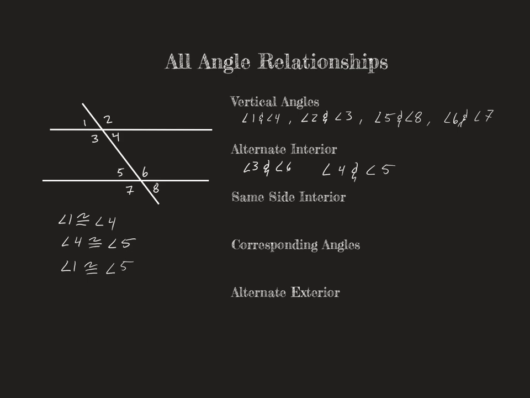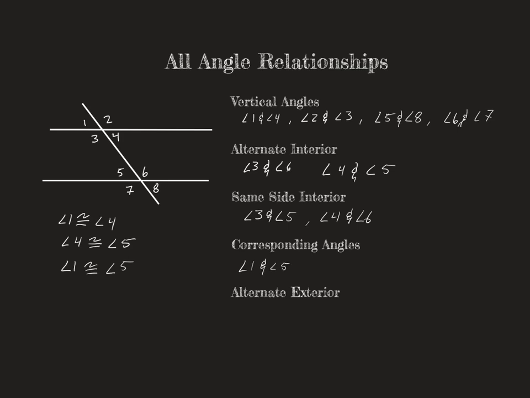Now it says same side interior. So the same side interior angles, that's going to be angle 3 and angle 5. And the other side is going to be angle 4 and angle 6. Corresponding angles, so we know that angle 1 and angle 5 are corresponding.